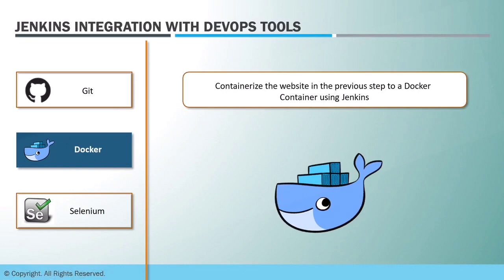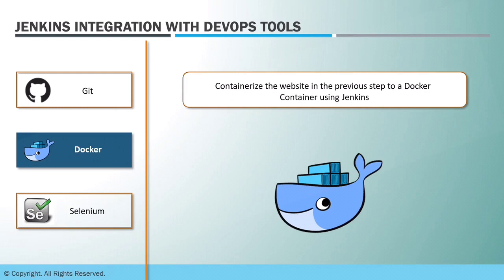Now after building the code, packaging comes into the picture. If we are integrated with Docker, Docker can be installed on the slave machine, and then it can be used for packaging the code after building, for testing or deployment purposes. So it will containerize the website from the previous step into a Docker container using Jenkins. This is where packaging comes into the picture.